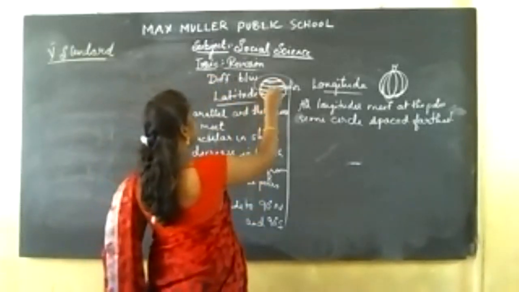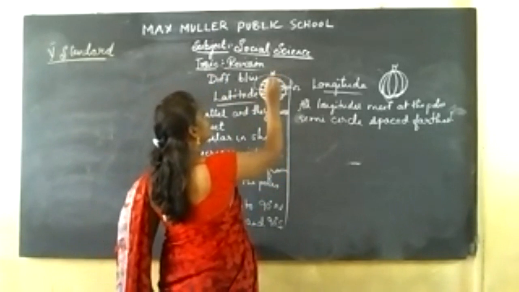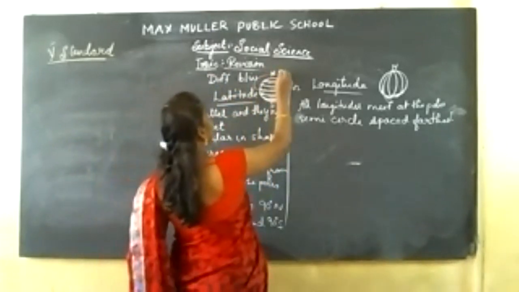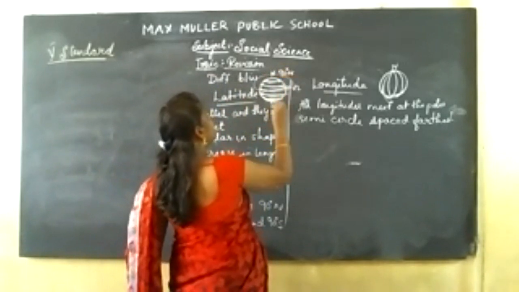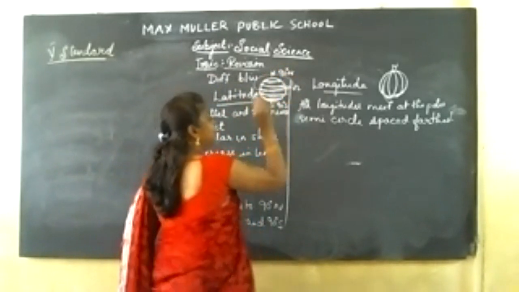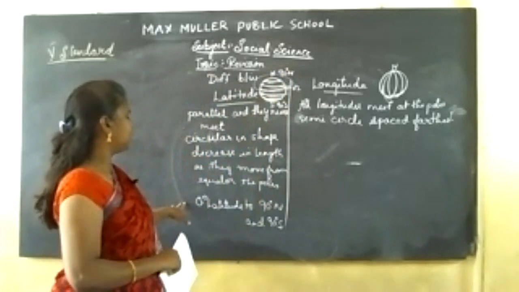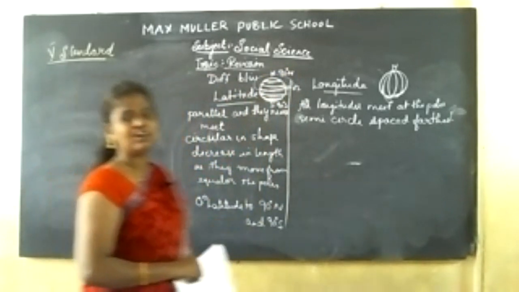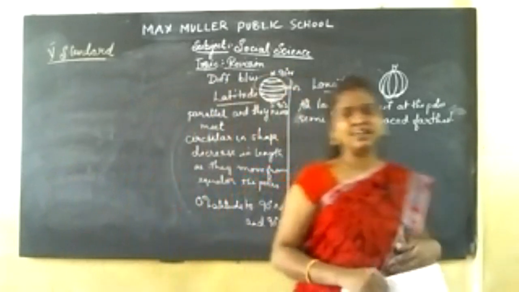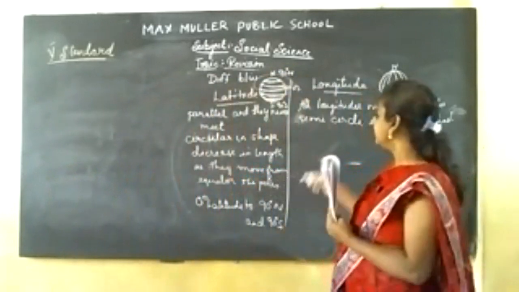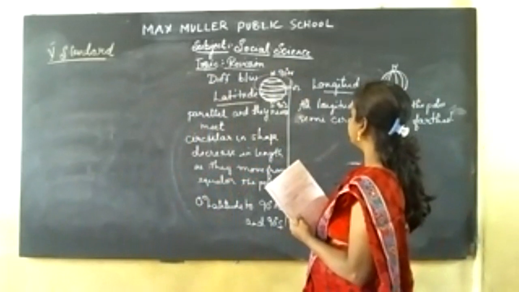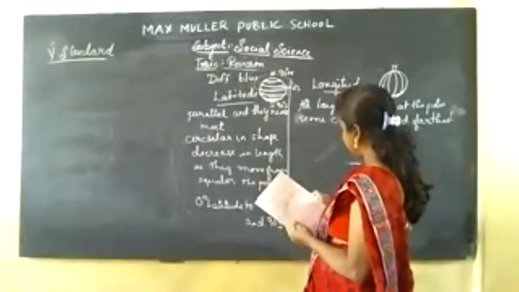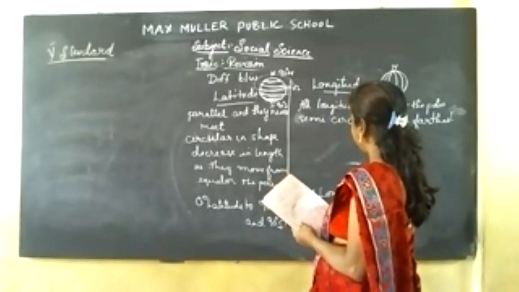Here the equator separates the Earth into two, with the North Pole and the South Pole. So here it will be 90 degree north and here will be 90 degree south. So latitudes are numbered from 0 degree latitude to 90 degree north and 90 degree south. In the same way, longitudes are numbered from 0 degree longitude.